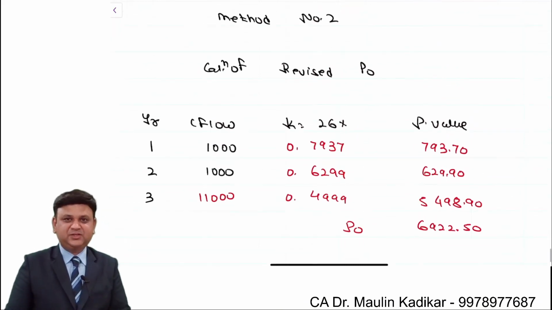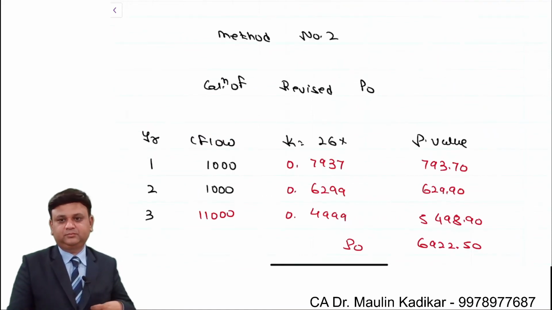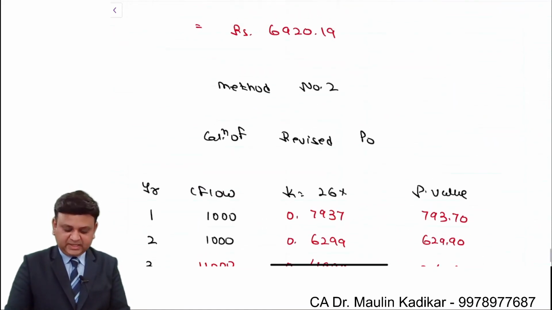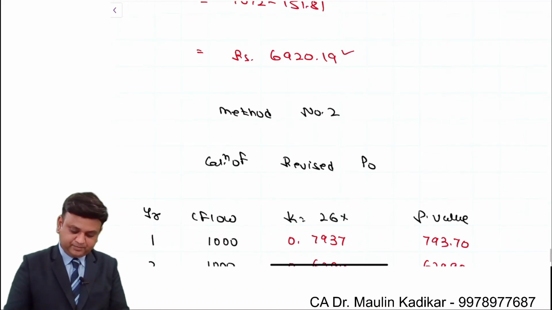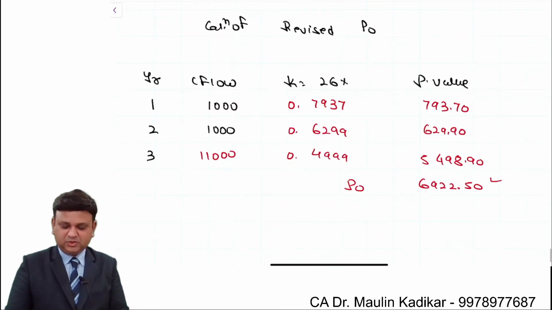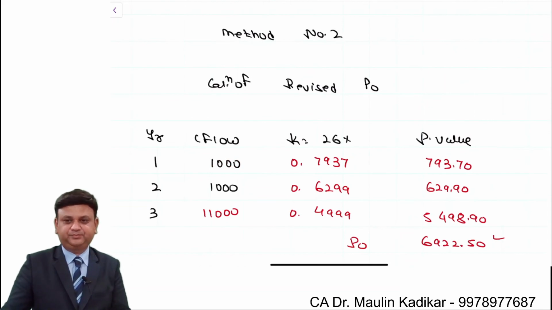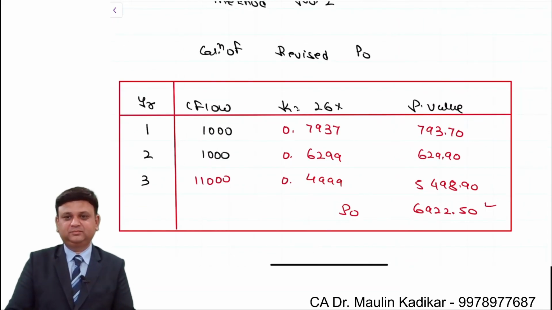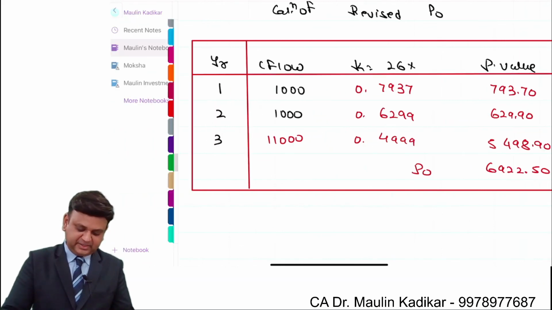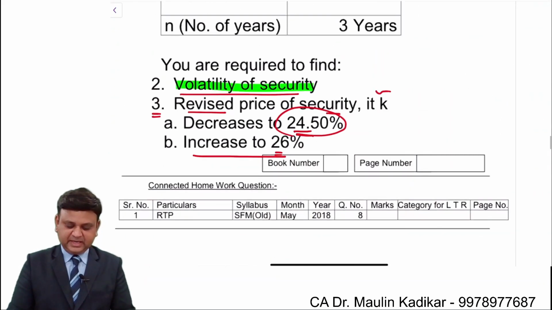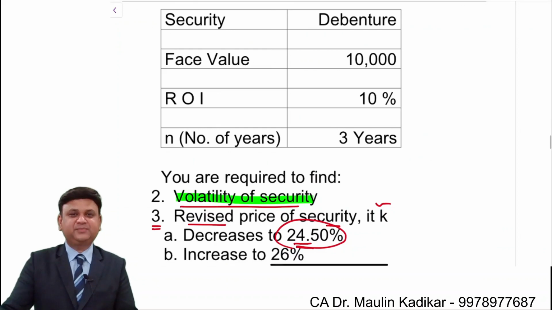That is where the P0 can be found. Again, there is a marginal variation between 6920 and 6922. So we can answer by either method from the examination point of view for calculating the revised price of the security.